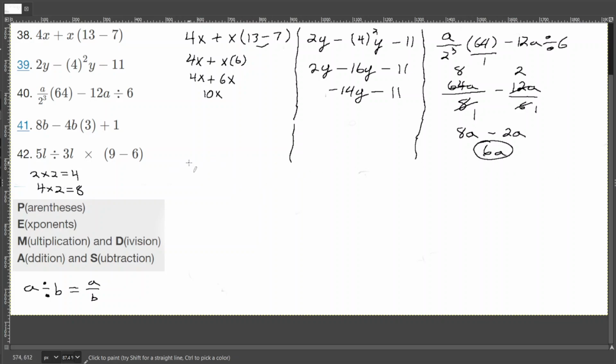All right. So next two problems we have are going to be 8b minus 4b times 3 plus 1. So we are allowed to multiply this 4 and 3. Okay, these are just one term. This is 4 times 3 times b, 3 times 4 times b, b times 4.